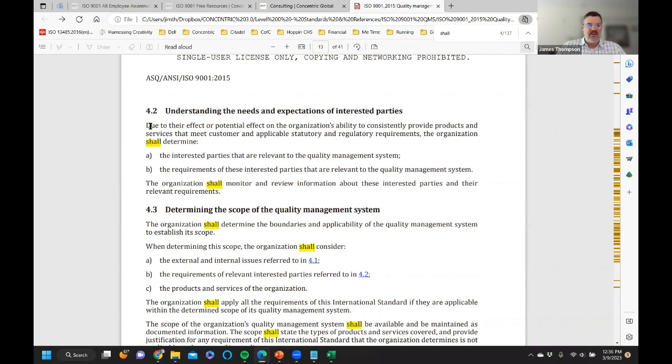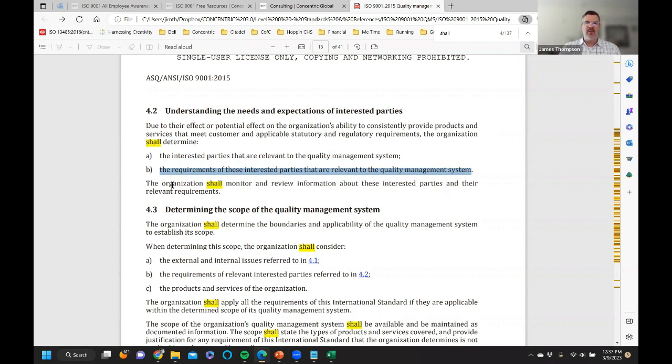Due to the effect or potential effect on the organization's ability to consistently provide products and services that meet customer and applicable statutory and regulatory requirements, the organization shall do two things. One is determine the interested parties within the scope of the QMS. And then, what are the requirements of those interested parties? So who are we trying to please, and what requirements are we trying to please with regard to that audience.